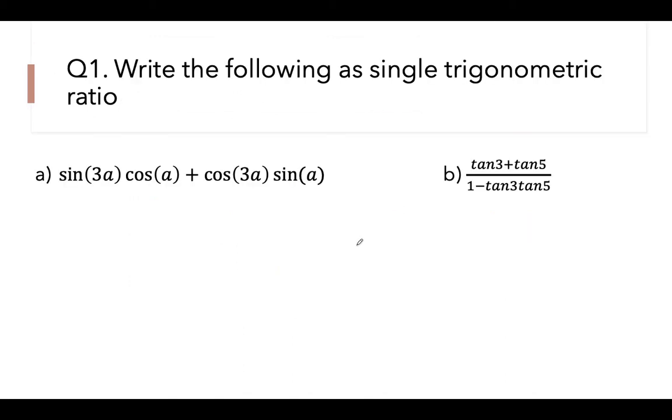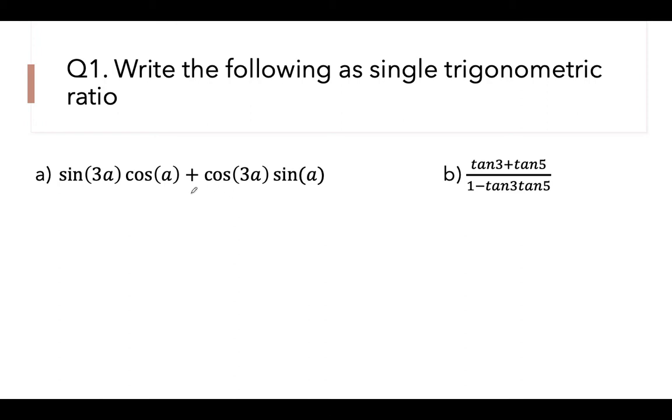Okay, let's do a practice question on how we can use these compound formulas. The question is, write the following as a single trigonometric ratio. First, identify which formula this expression looks similar to. We have alternating sine and cosine plus cosine and sine.